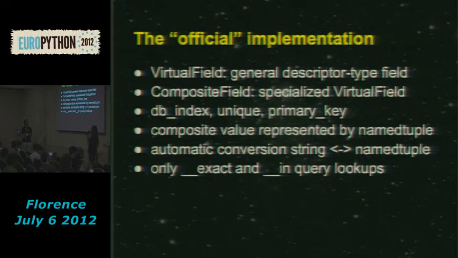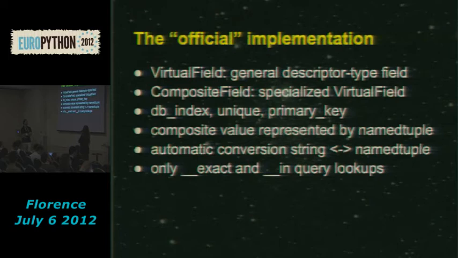Composite field is a subclass of this, which takes care of all the conversion to string and back and all this. Composite fields basically support mainly the three options listed here: DB index, unique, and primary key. Most of the other options don't make a whole lot of sense in this context.